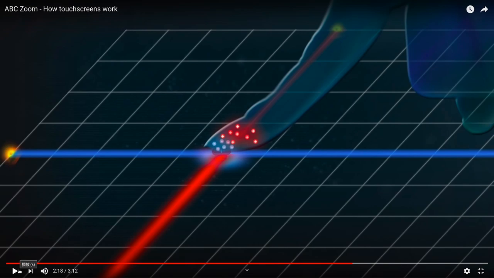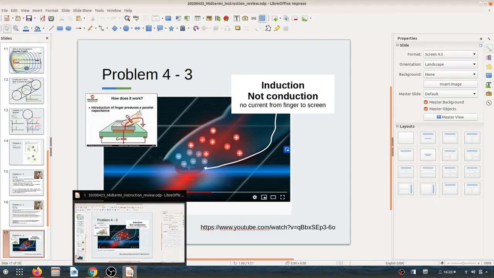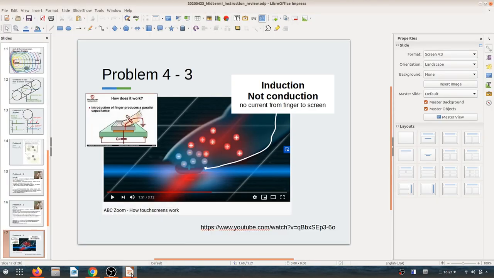So here, be careful. Your finger is a capacitance and the screen is another capacitance. Are these two capacitances connected in series or in parallel? Sorry.